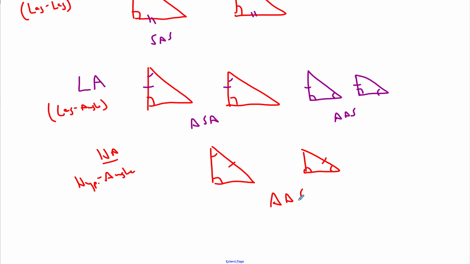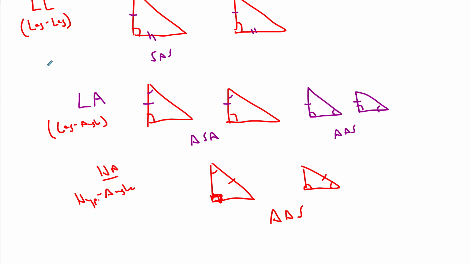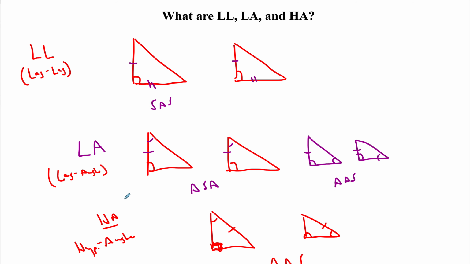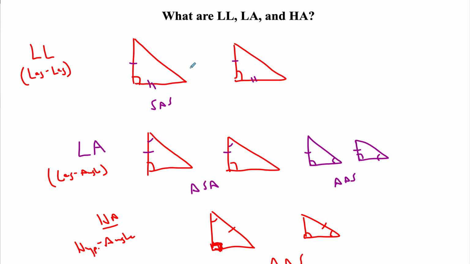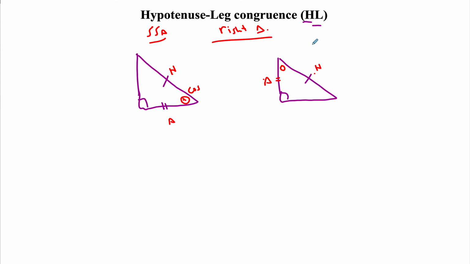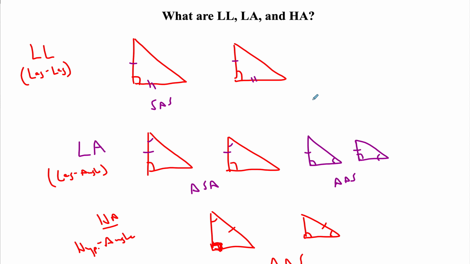This one is always angle angle side because you have this always opposite the right angle. Okay? So these different ways, LL, LA, and HA, are actually just things we already know in disguise. The reason they're in disguise is because we're talking about right triangles. Personally, you don't need to know these. The one you will definitely need to know is HL, because that is definitely different from the other things we've already learned.